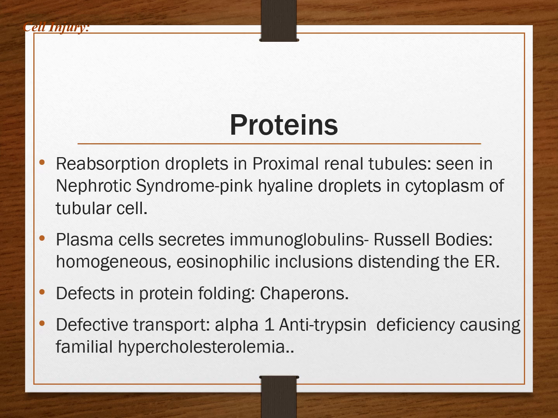Defects in protein folding are prevented by chaperones. They will see that protein folding should not be misfolded. There should not be any defect. So chaperones will align the protein folding, and a defective transport will result in hypercholesterolemia because of the alpha 1 antitrypsin deficiency.